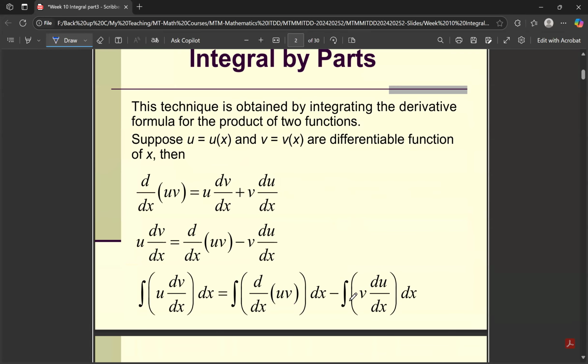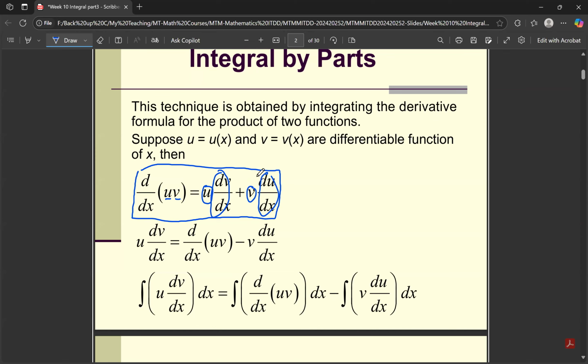So we start with the integral by parts. In the integral by parts, we use this property. We know from the derivative that the differentiation of the multiplication of two functions, in this case u and v, from the rules of derivative, is u dv dx plus v du dx.